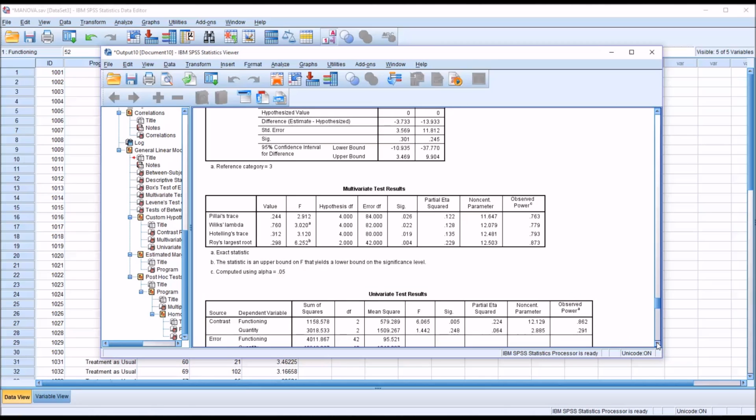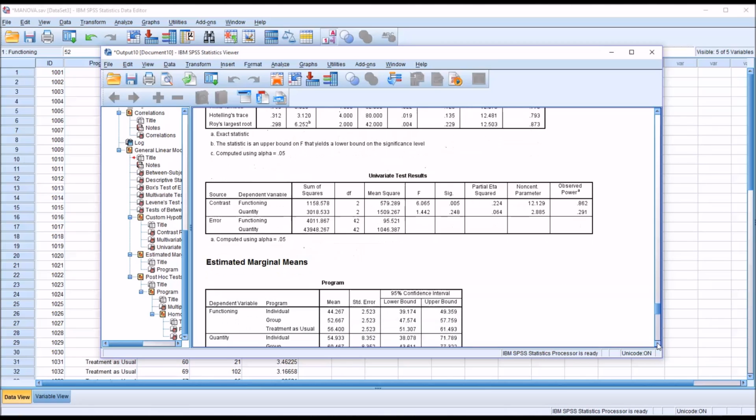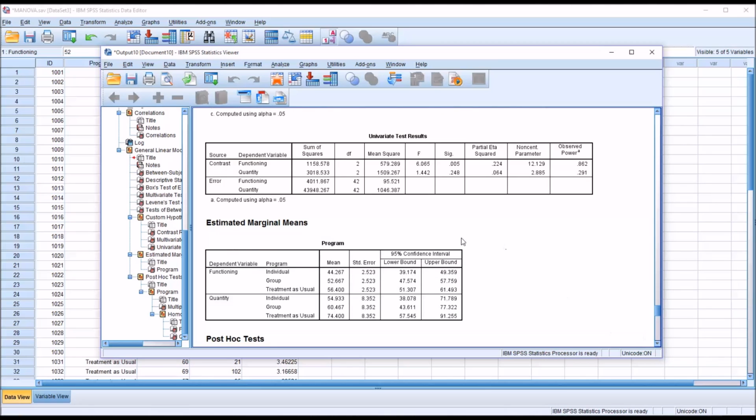So moving down to univariate test results, we can see that just looking at functioning, we do have a statistically significant finding, and we don't with quantity. And you can see quantity is explaining very little variance in the dependent variables, 6.4%, whereas functioning is explaining 22.4% of the variance in the dependent variables.